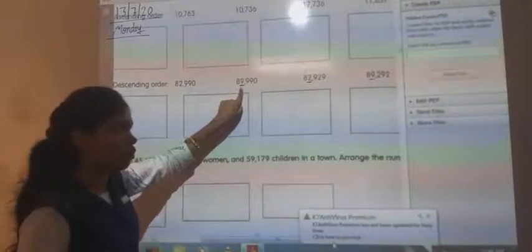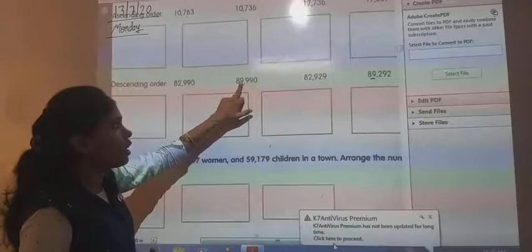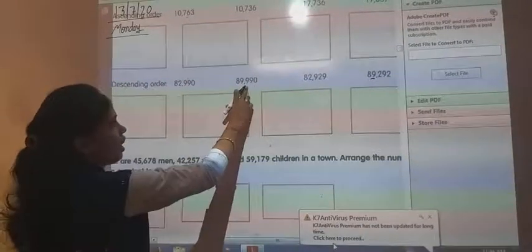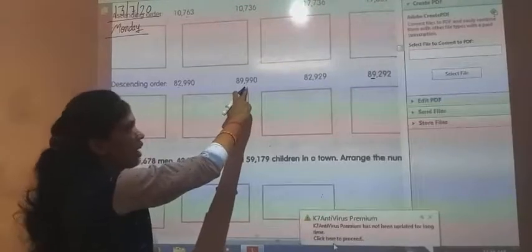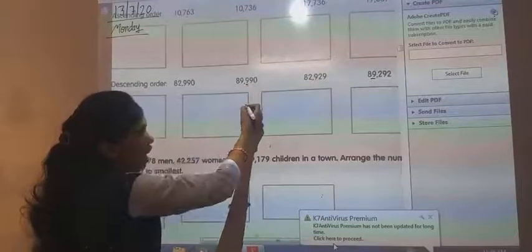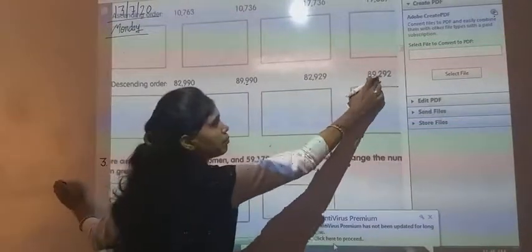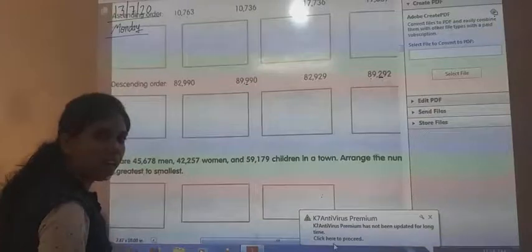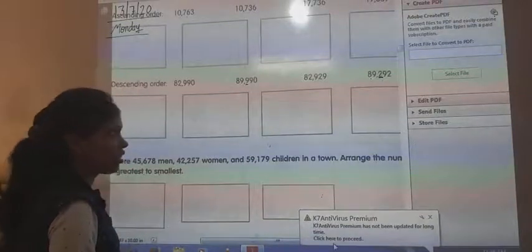Okay. Now next place is 100. At the 100 place we have 9 in one number and in another number we have 2. Which one is greater? 9 or 2?